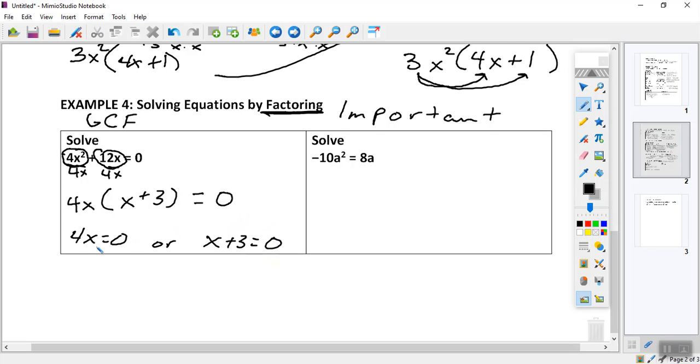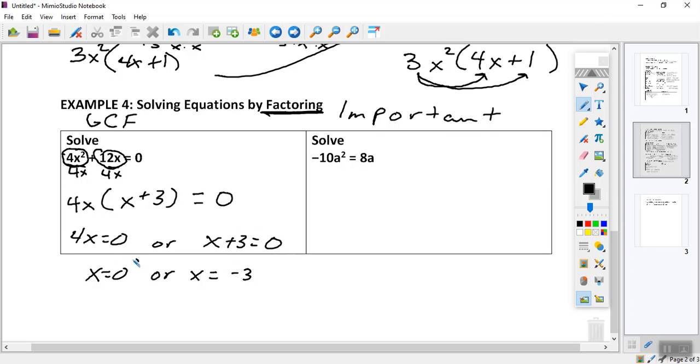What's the solution over here on the left, kids? What's 0 divided by 4 going to be? 0, so x can equal 0 as a solution. Or what else, kiddos? Negative 3, when I subtract 3 from both sides.